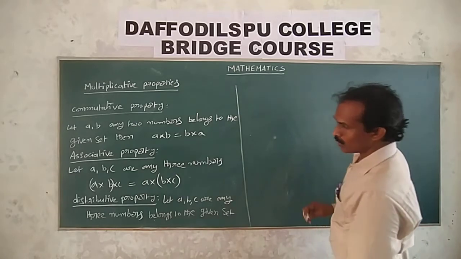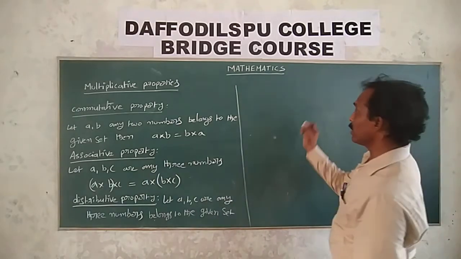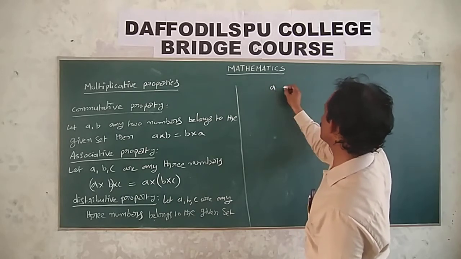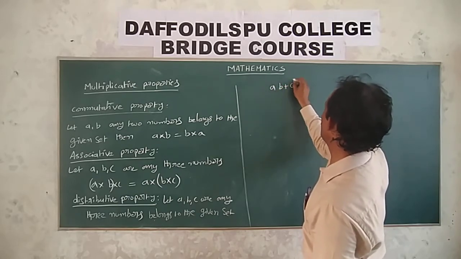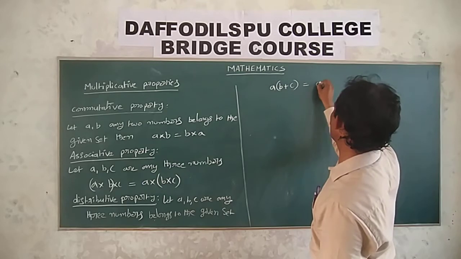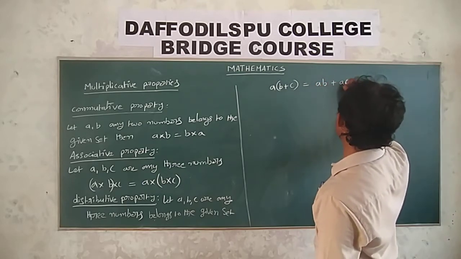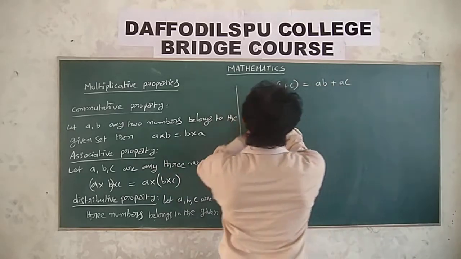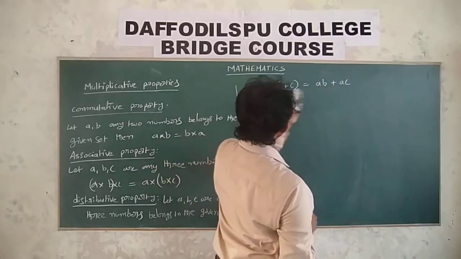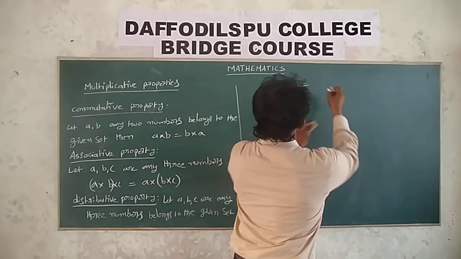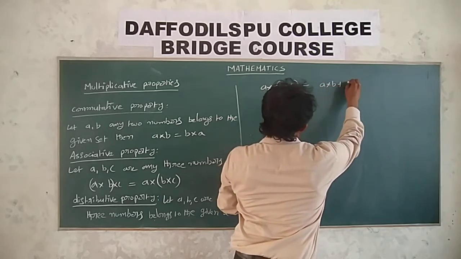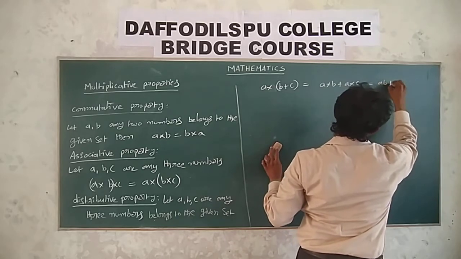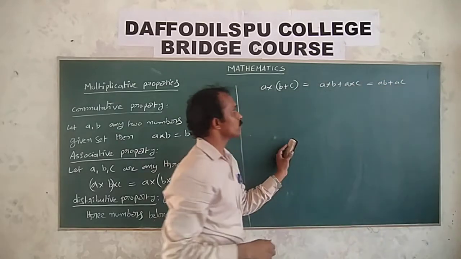Here there are two laws: left distributive and right distributive. So that implies A of B plus C is equal to AB plus AC. If you want to use the multiplication symbol, A into B plus A into C, that is equal to AB plus AC.